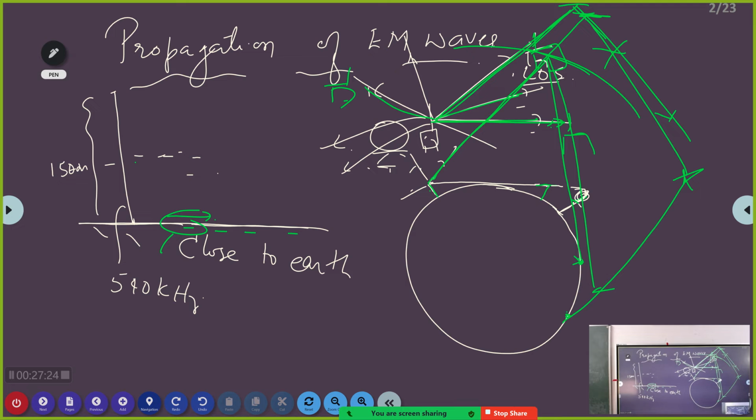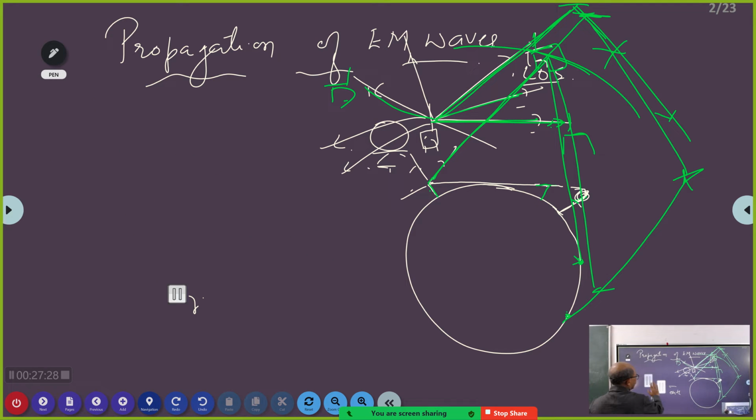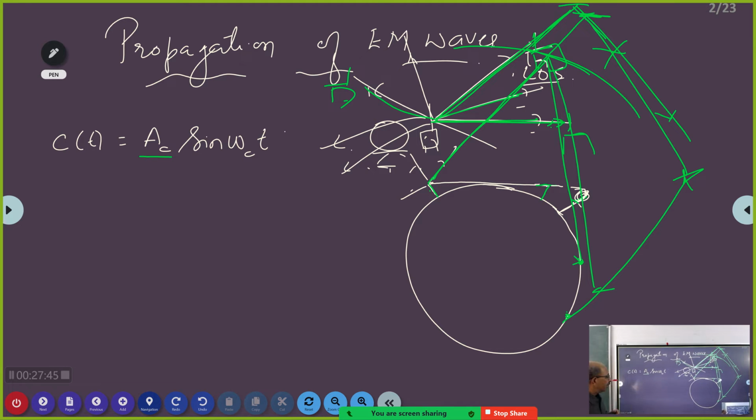Now what you see there is the amplitude of the carrier. So the carrier signal initially was this Ac sin(ωc t). Yesterday I think I gave you this clarity.